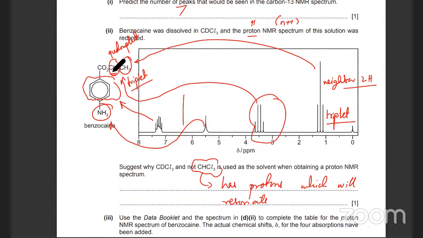And if the neighbor has N hydrogens, it's going to split into N+1 peaks. The OH peak never splits. The NH2 peak never splits. And the OH and NH2 peaks disappear because their protons can lose and gain protons. The other ones can't ionize. But NH2 and OH do ionize, which is why the protons can be gained as well as lost.